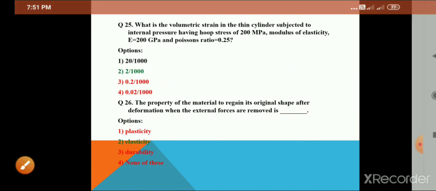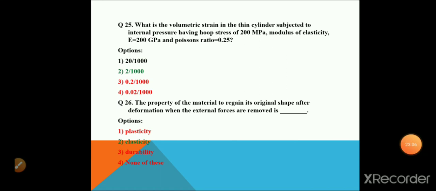Let's come to the next question: what is the volumetric strain in a thin cylinder subject to internal pressure having hoop stress of 200 megapascal, modulus of elasticity E of 200 gigapascal, and Poisson's ratio of 0.25?